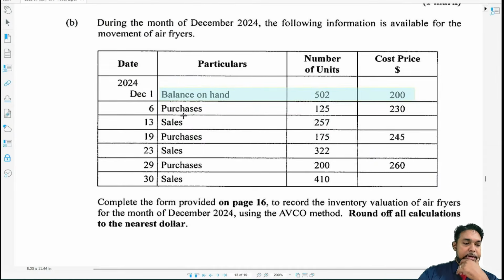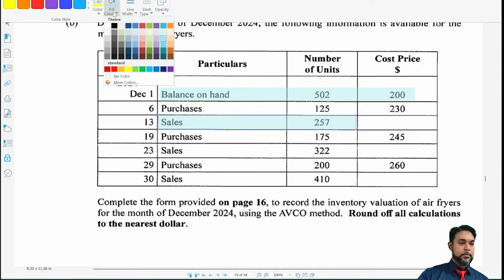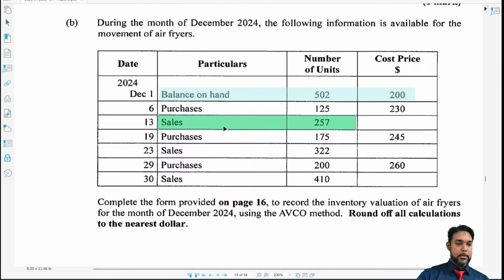Then we have purchases, sales, purchases, sales, purchases, sales. So maybe we could do every other item. So we'll do the sales in a green. Sales, sales, sales.